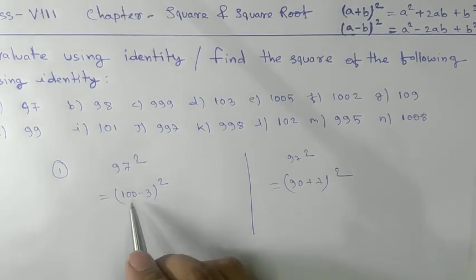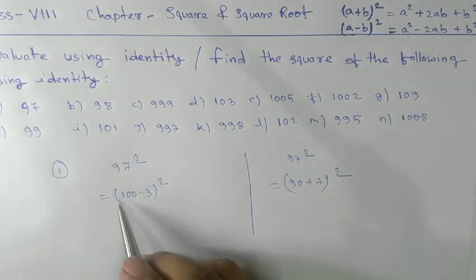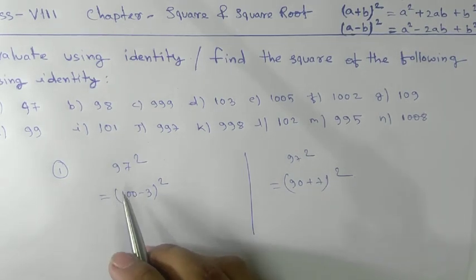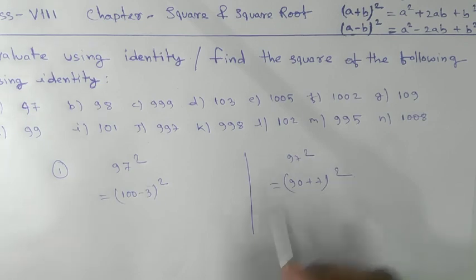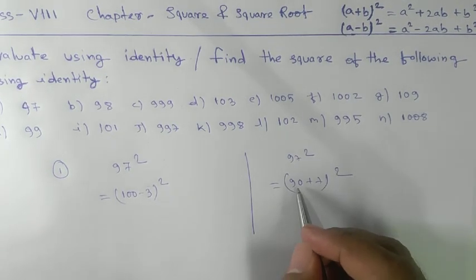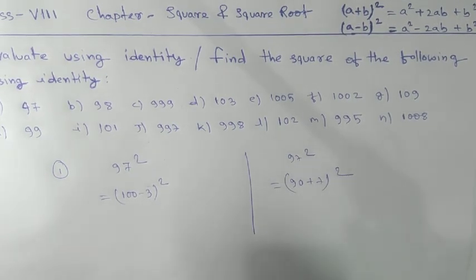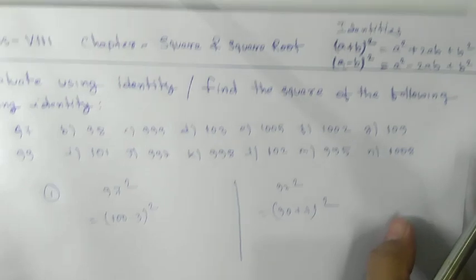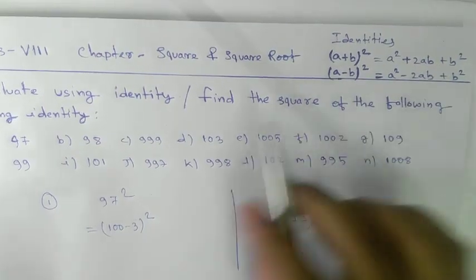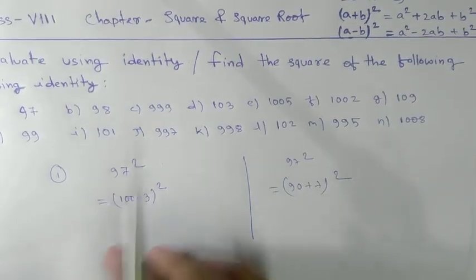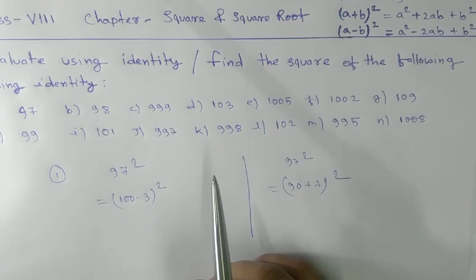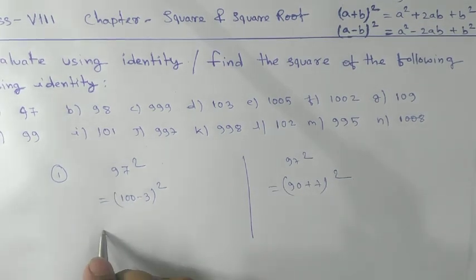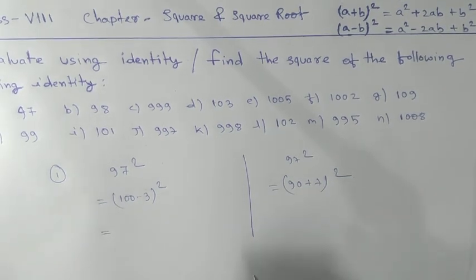Look at the number 100. 100 square will be easier than 90 into 90. 9 9 81 we know, so we can put it here. But when we multiply 2ab, in that case this one will be easier as compared to this one. Let's start and see the steps and we'll understand from there.